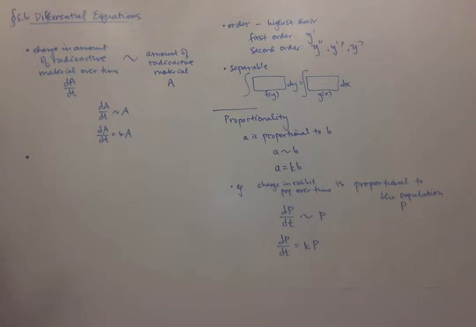You don't always have to have a situation where two things are directly proportional, where one's proportional to the other. You can have something that's a little more complicated. So let me give you an example.